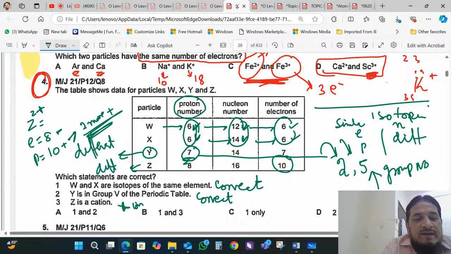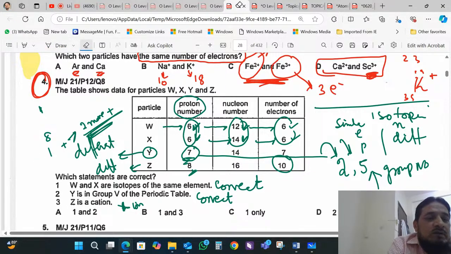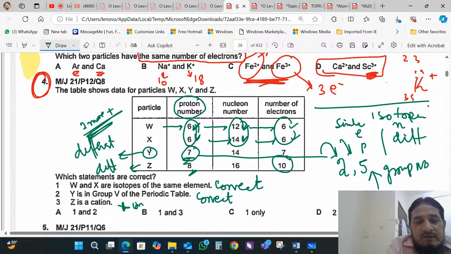Y is in group 5 of the periodic table, 7 to 5. And then the number of protons 8 and electrons... I was writing actually wrong, I am sorry, I just mixed up the charges. The proton number is 8, meaning the positives are 8, and the electrons are 10.